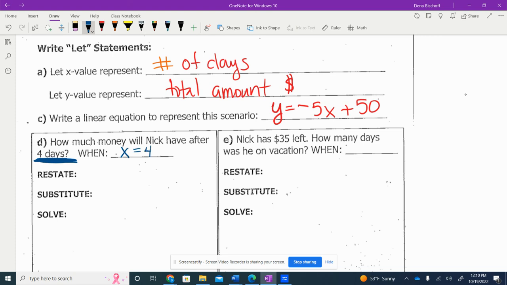So let's just plug that in. When x equals 4, I have the equation y equals -5 times 4 plus 50. So y equals, let's see, 5 times 4 is 20. A negative times a positive is a negative. So y equals 30.